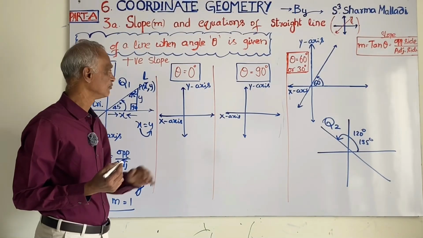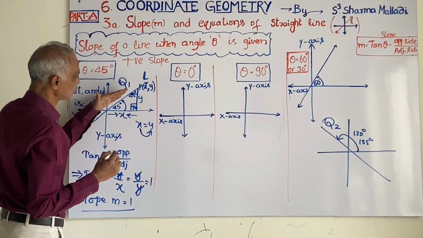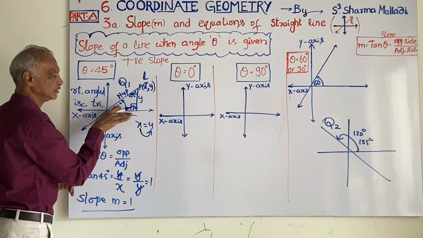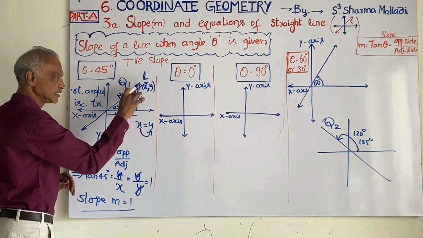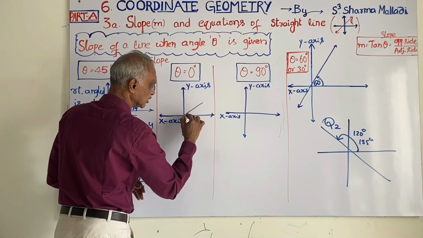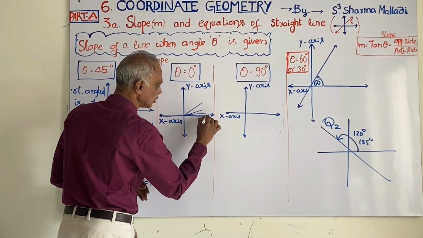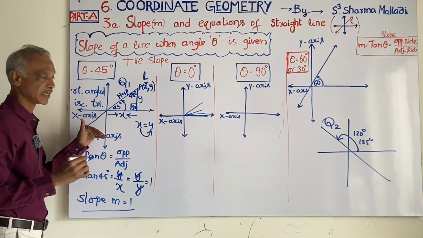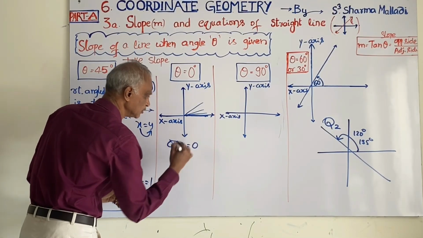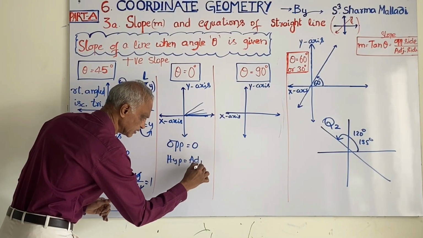Now, when theta is equal to 0, what is the slope of the line? We will find out. This is 45 degrees, this is 30, this is 20. When theta is 0, the hypotenuse falls on the adjacent side and the opposite side becomes 0, and hypotenuse equals adjacent side.